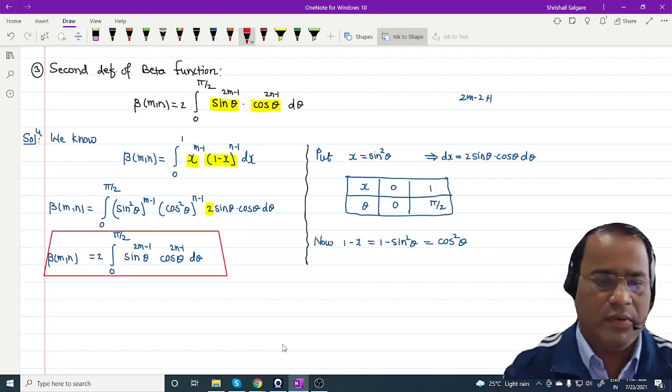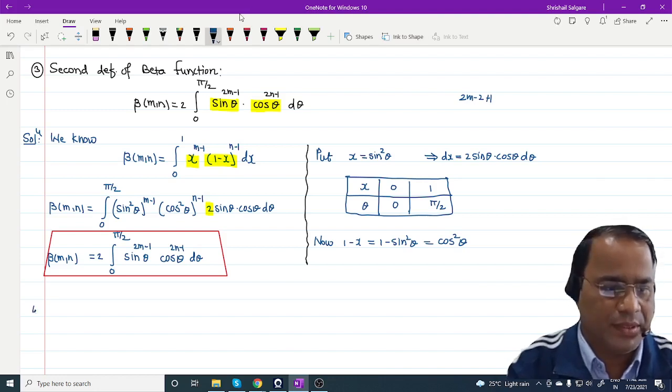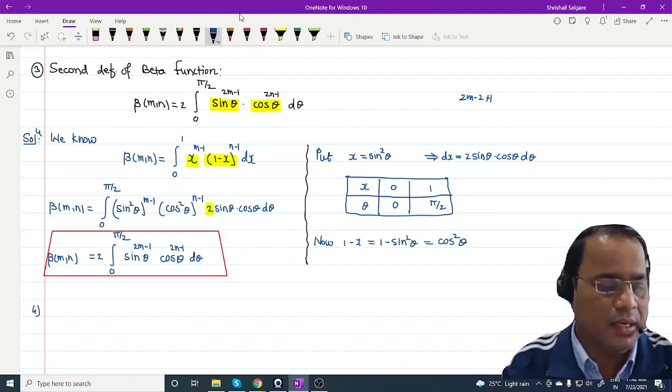Now the next one. By using the second definition of beta function, how do we evaluate integrals given in trigonometric form? That is the fourth property, in terms of beta.